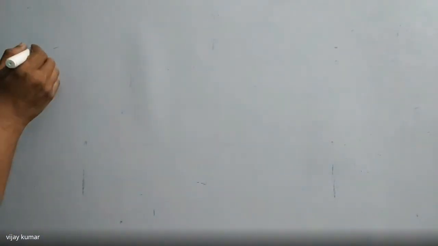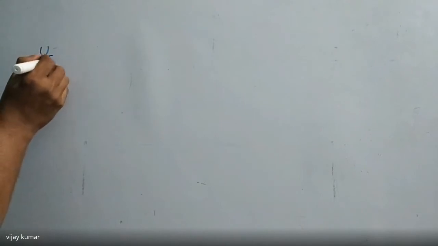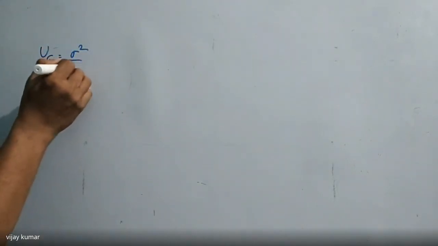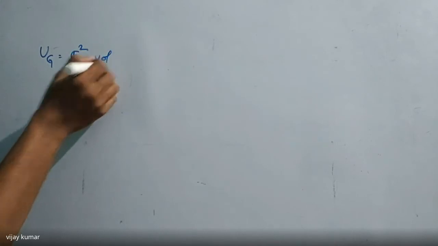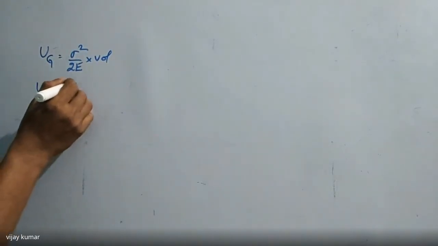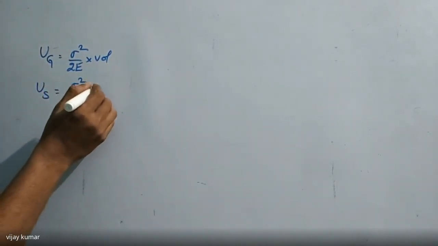Here I am writing: strain energy under gradually applied load is nothing but σ² by 2E into volume, and under suddenly applied load it is σ² by E into volume.